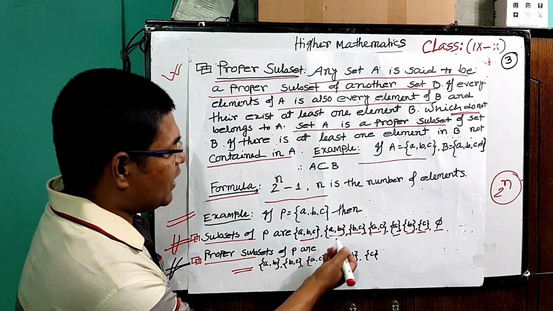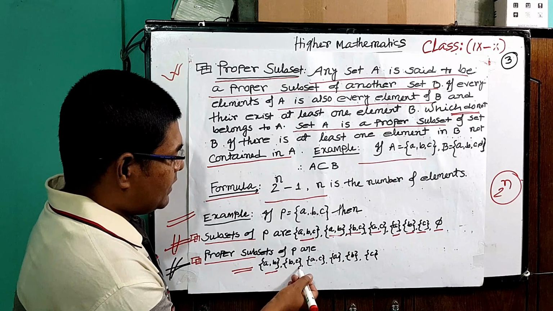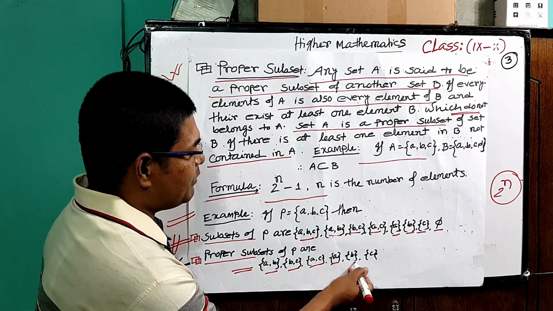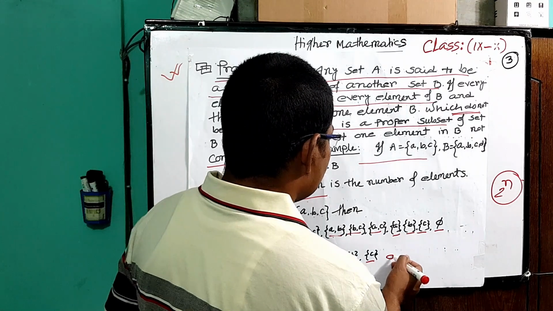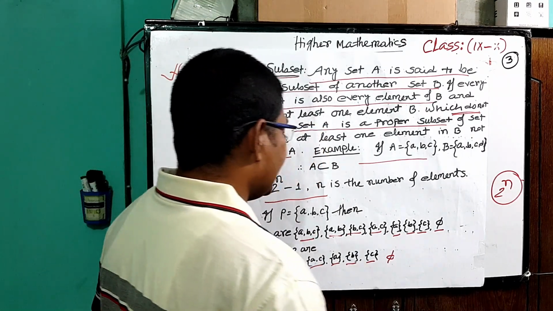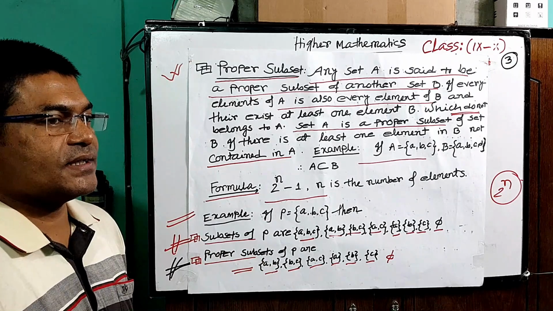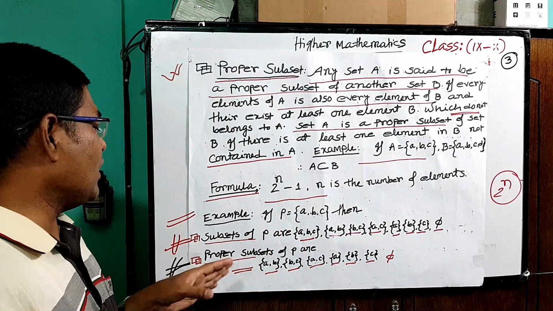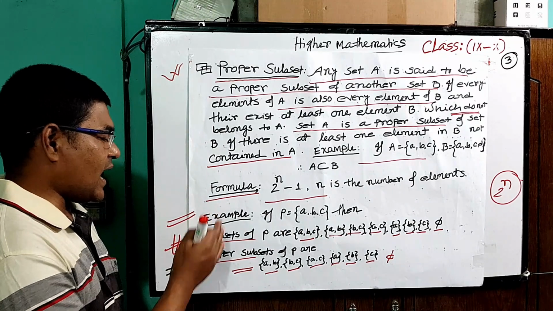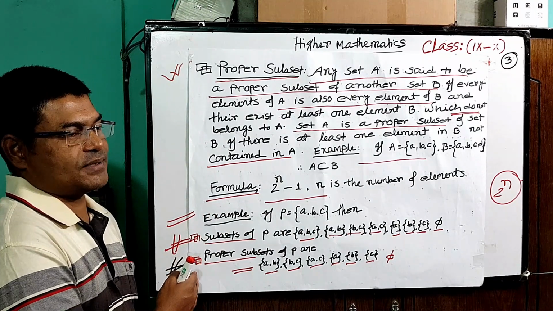I have started from AB, BC, AC, A, B and C. One element shortage. I think we are clear about subset and proper subset.